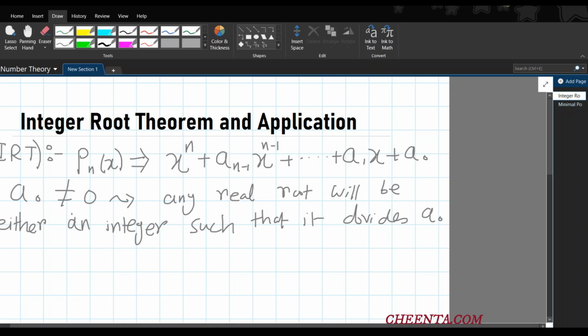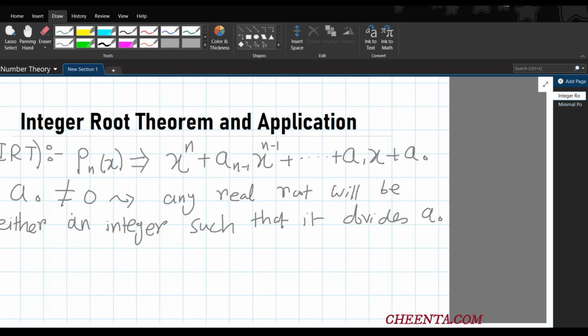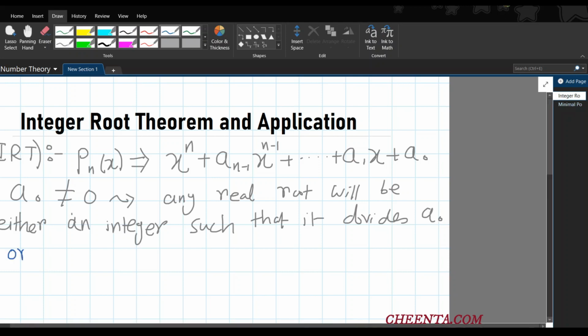So if this polynomial equation equals 0 has some solution in the real numbers, and if that solution is an integer, then the integer must divide a_0. It must satisfy this condition, or, and this is important, it will be an irrational number.